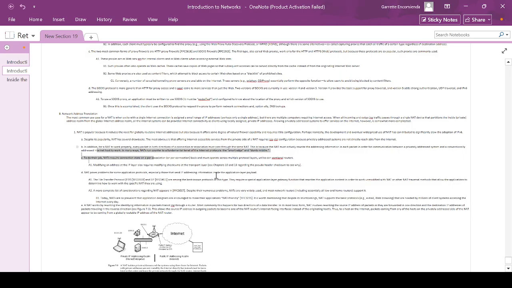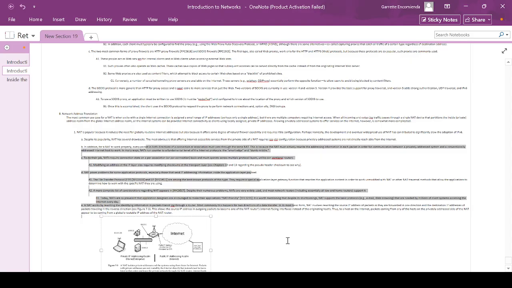In addition, for a NAT to work properly, every packet in both directions of a connection or association must pass through the same NAT. This is because the NAT must actively rewrite the addressing information in each packet in order for communication between a privately addressed system and a conventionally addressed internet host to work.